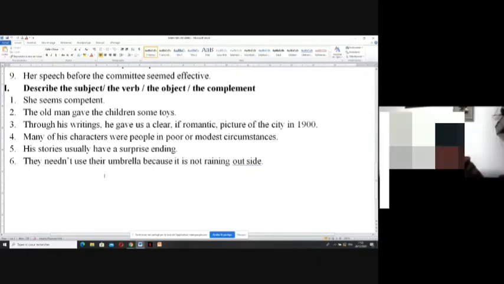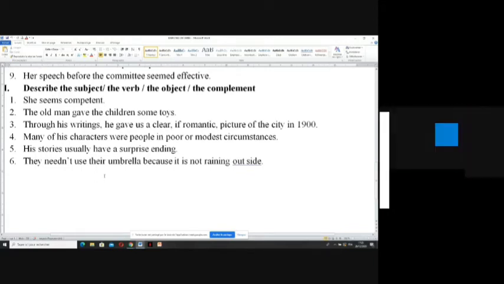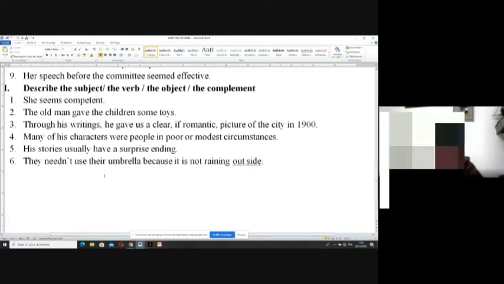No. So this is the way you should do it, technically speaking, in terms of following the structure. Gave what? Some toys. Yes. To whom? To the children.